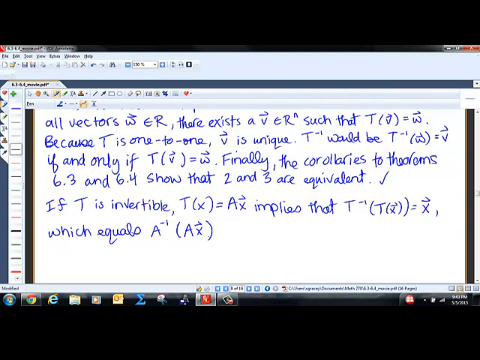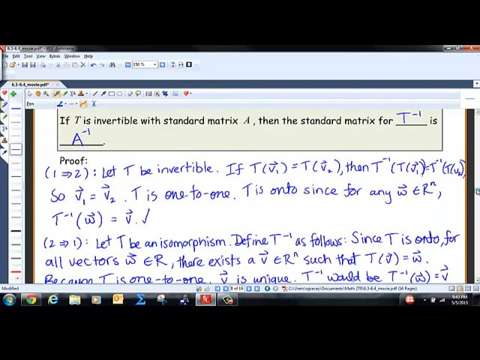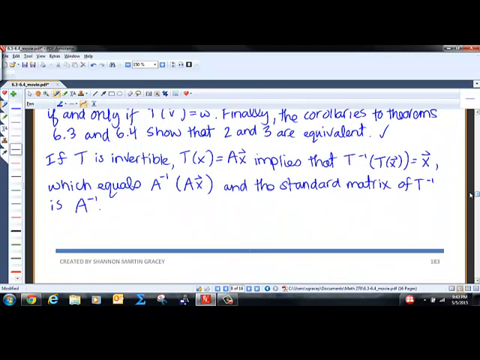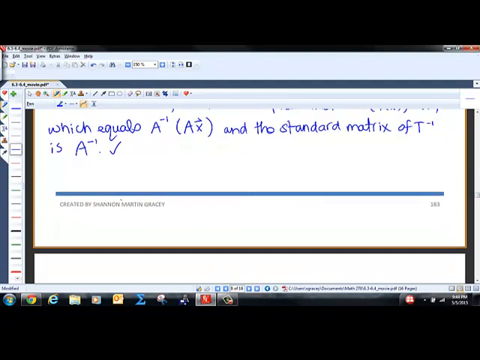So the standard matrix of T inverse is going to be A inverse. Actually, that's what we were showing, right? Yes, perfect. So, done with that whole proof. That was a long one.